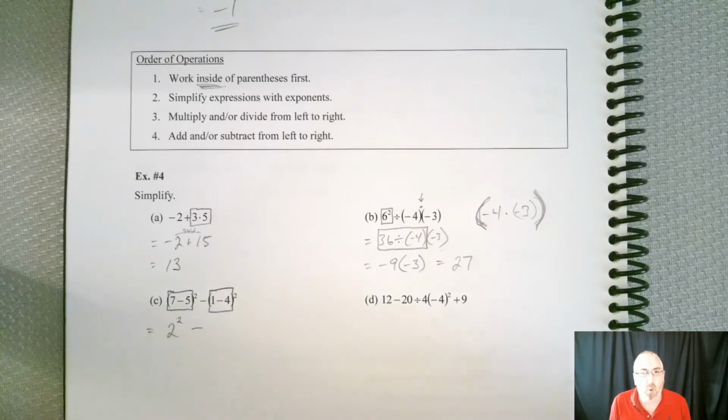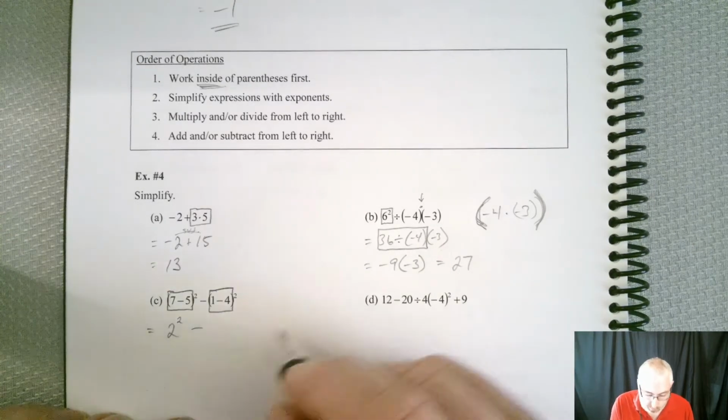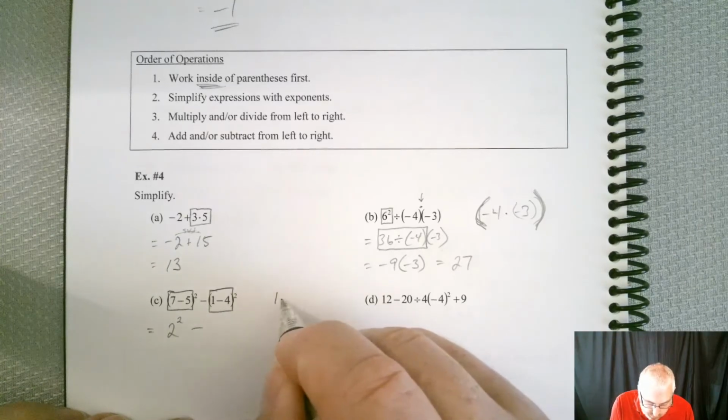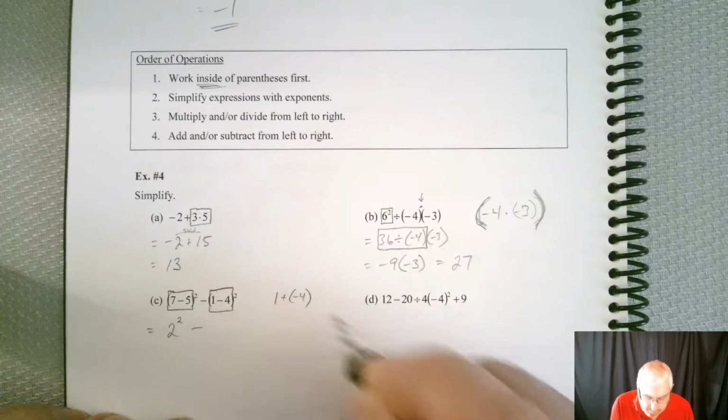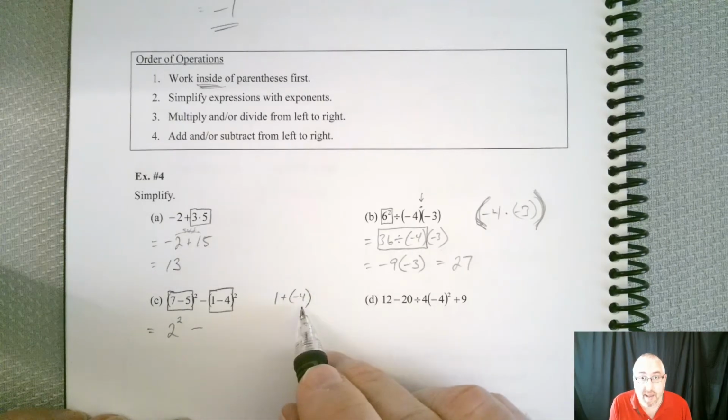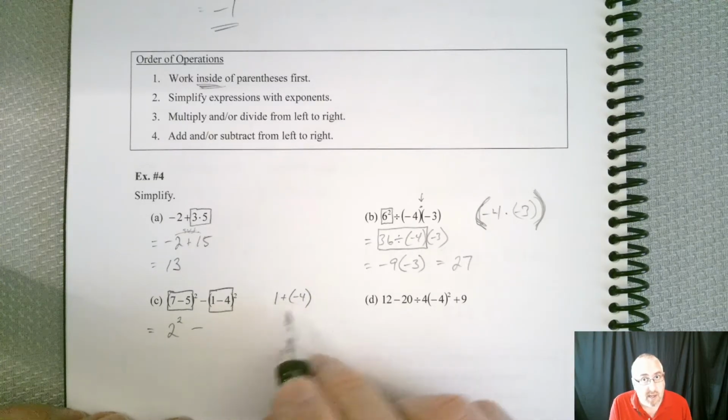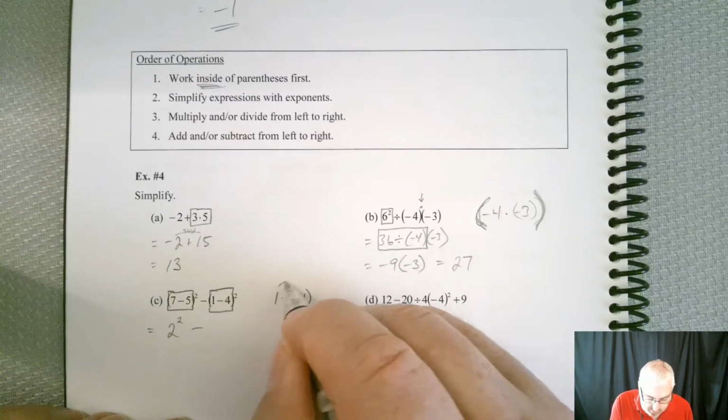1 minus 4. Now, if you're still a little rusty with doing some of these operations, you can use those extra steps. So remember, 1 minus 4, if we squeeze a plus in there, 1 plus negative 4, signs are different, so we've got to subtract.